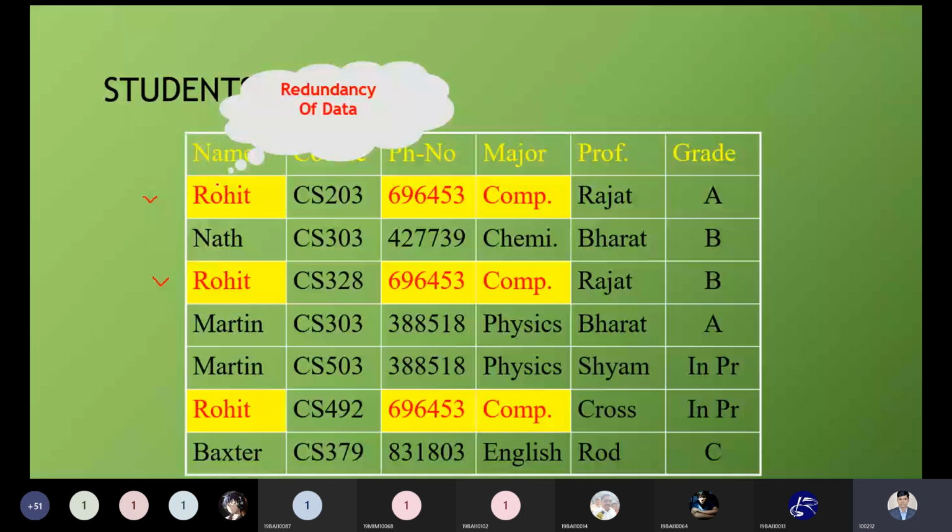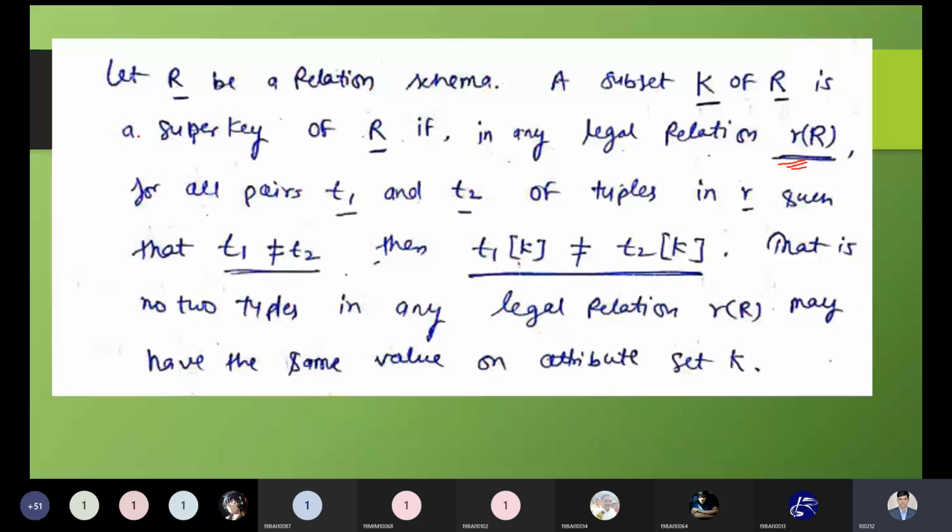Of course, by putting in the student roll number. The student name, course, and phone number may be duplicated, there is no problem, but you can differentiate by the key attribute. The same thing we have here. The tuple T1 is not equal to T2 if we have the key.